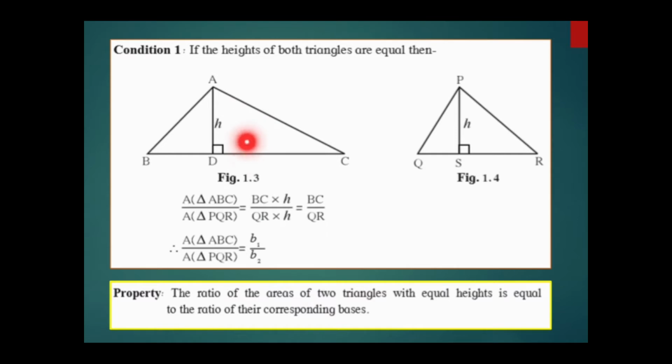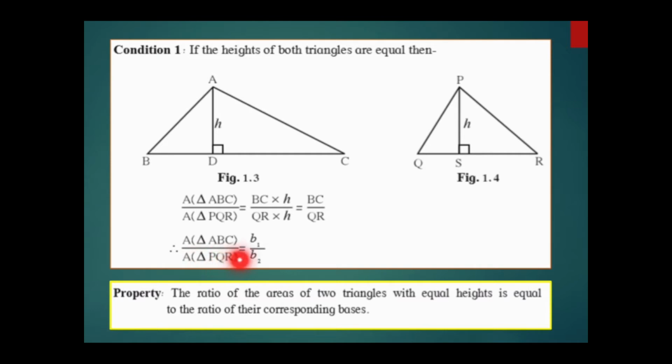So here we denote this height AD by H and this height PS by H. So the ratio of area of triangle ABC to area of triangle PQR equals base into height, base is BC, height is H, so BC into H. For area of triangle PQR, base is QR and height is PS, so we write QR into H. So H and H get cancelled, we get BC upon QR.